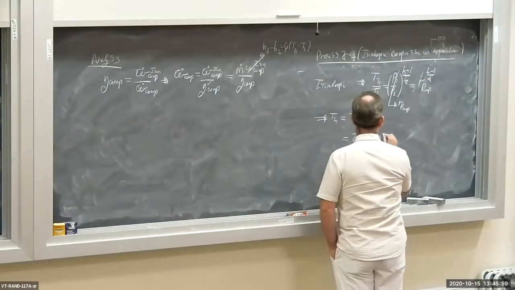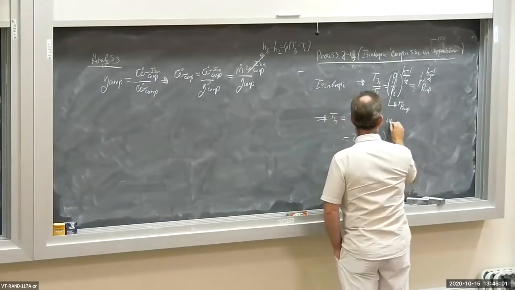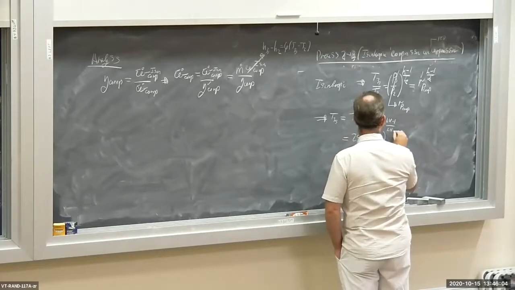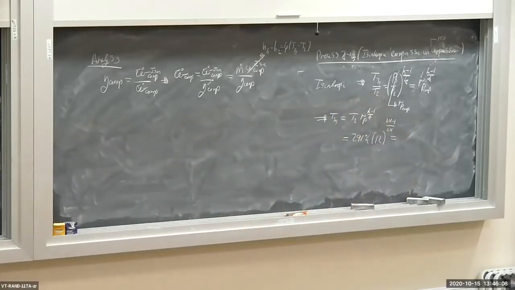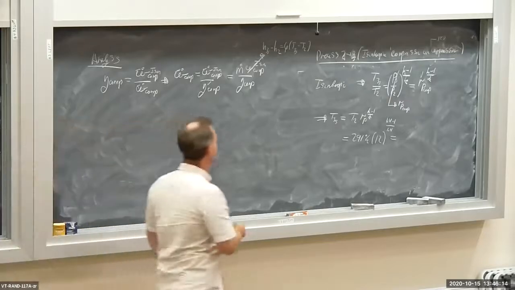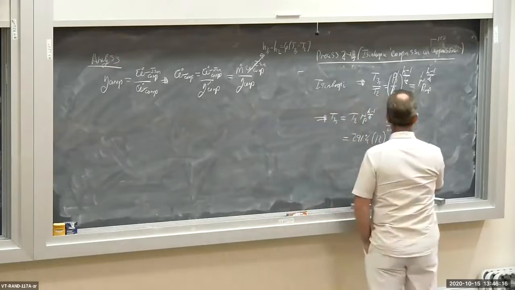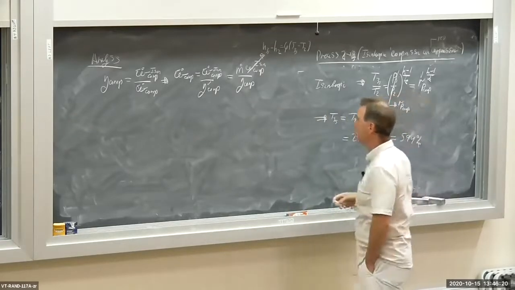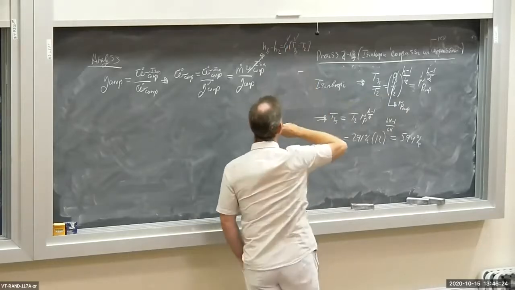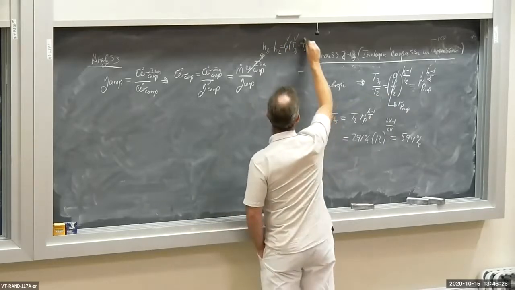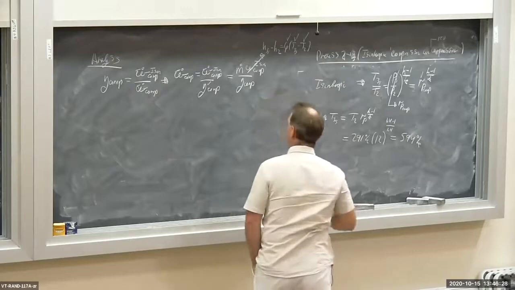So I have 12 to the (1.4 minus 1) over 1.4, and I get a T3s. Let's see what our T3s is, 593 degrees Kelvin. It's actually 594 degrees Kelvin. Check. I have Cp, I have T3, I have T3s, I have T2, excellent.